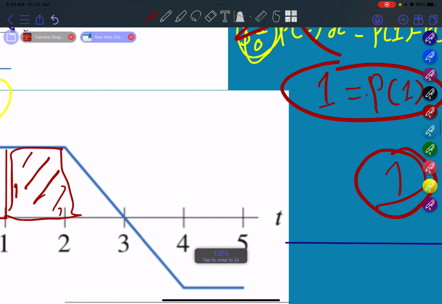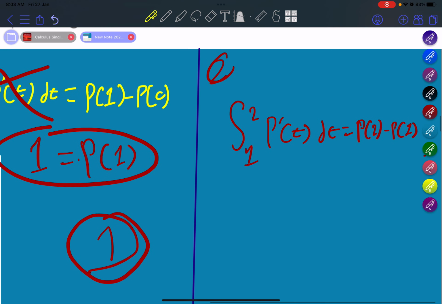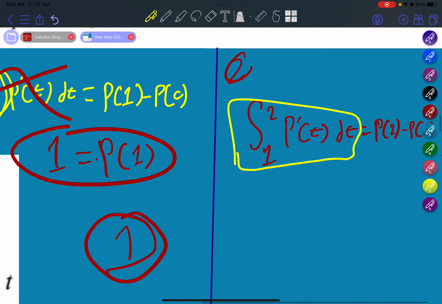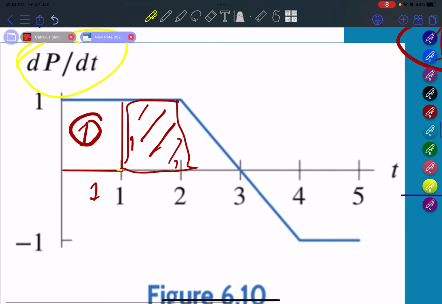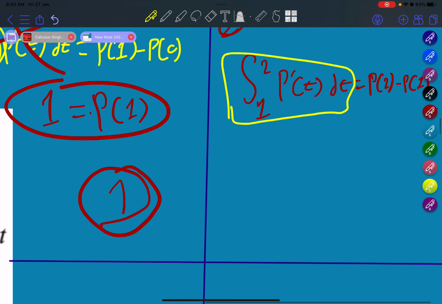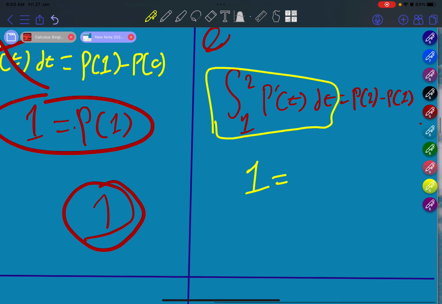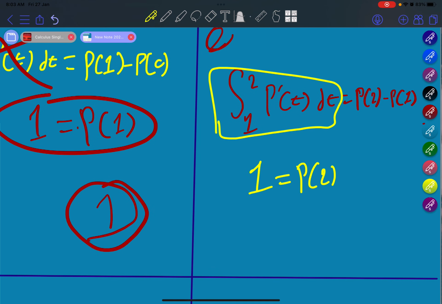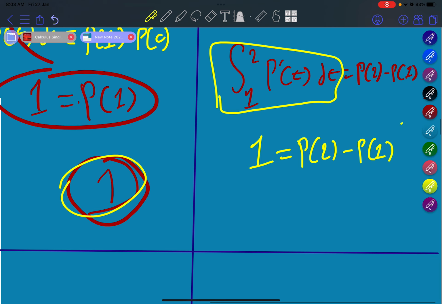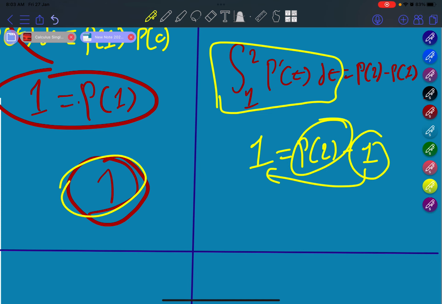Again, length is 1, width is 1, hence the area will be 1. So 1 equals p of 2 minus p of 1, and we just got the value of p of 1, which is 1. We put 1 here instead and transfer it to the other side because we want the value of p of 2, so p of 2 equals 2.